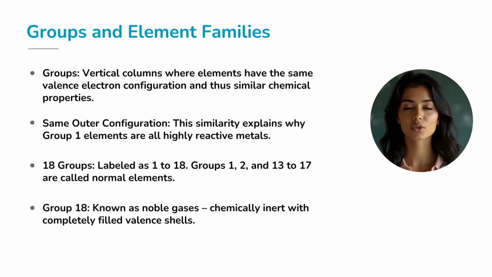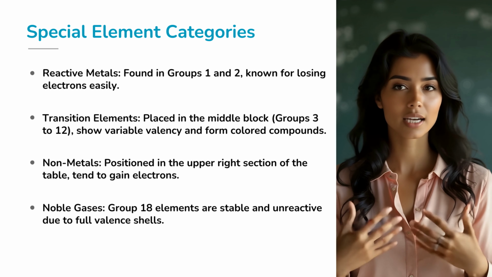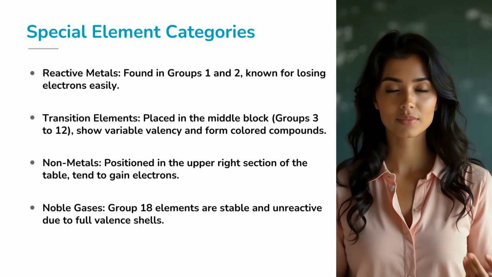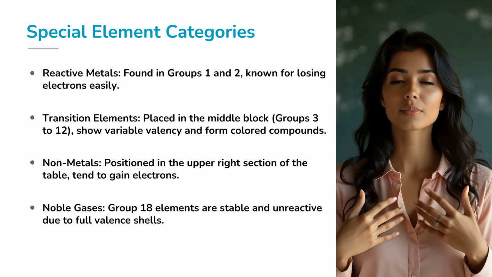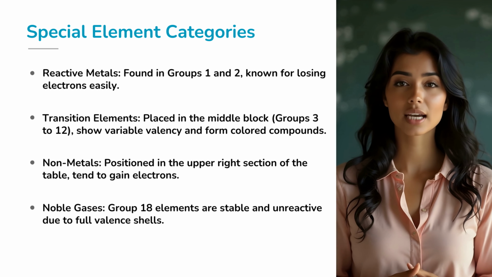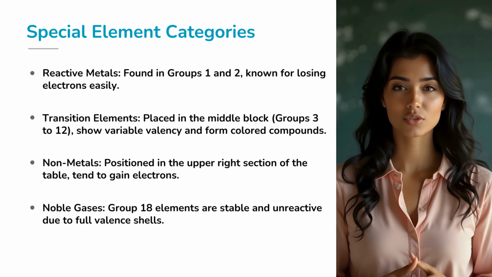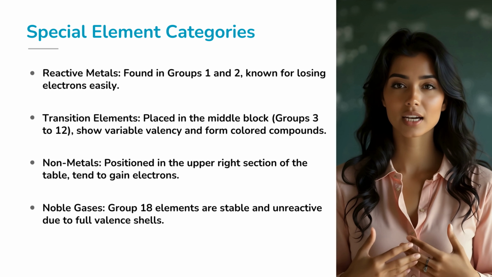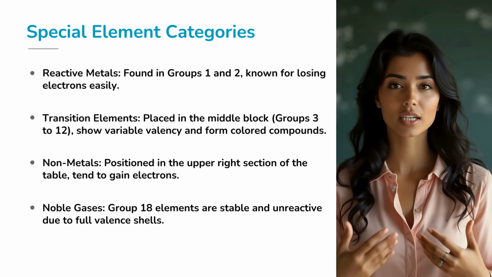Now that we understand the layout, let's highlight some special zones. Reactive metals such as sodium and calcium are found in groups 1 and 2. They readily lose electrons and form positive ions. In the middle of the table, you'll find the transition elements like iron, copper, and zinc. These are metals with variable valency.